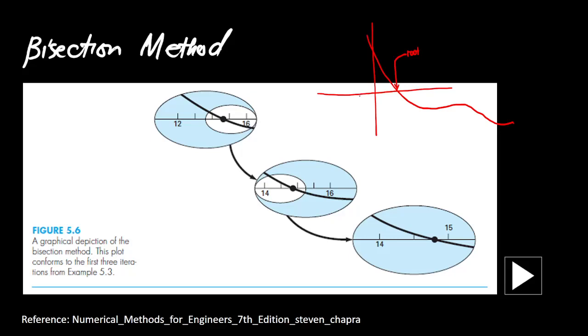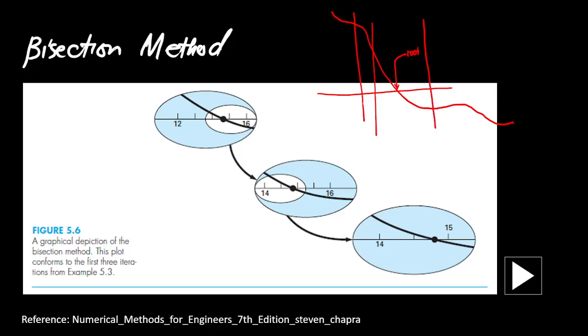So two values that could bracket your curve here. Let's just say this is your bracket for the lower guess, and this is your bracket for your upper guess.